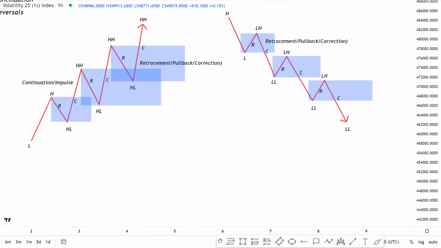Now, a reversal is a complete change in the market's overall direction.